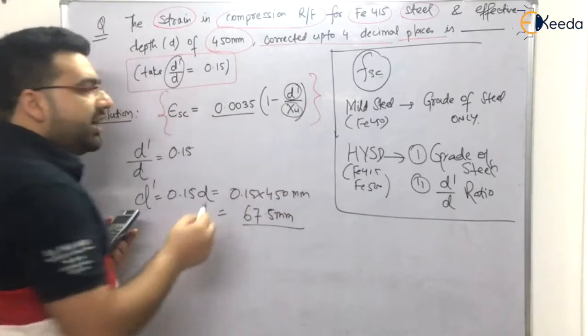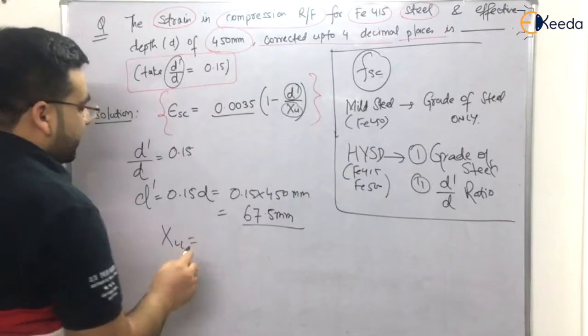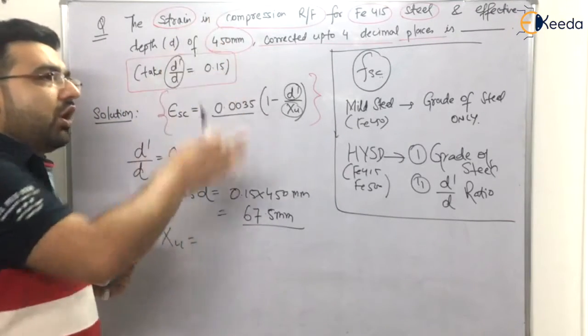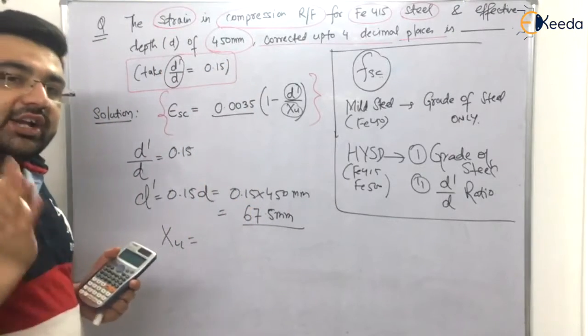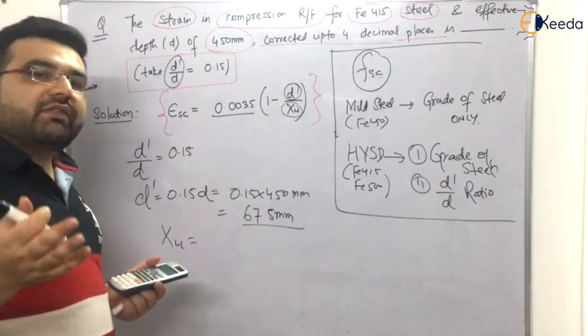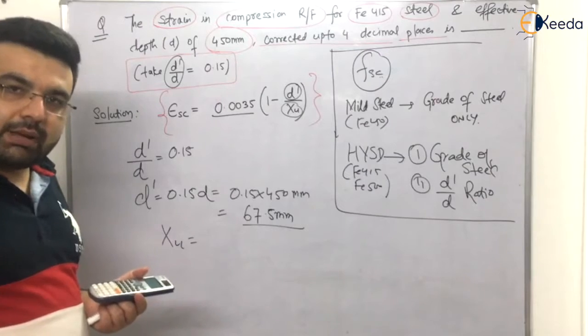Now xu. I told you that the value of xu here is xu maximum, the limiting xu. Why? Because we got this formula when we compared the strain curve, using similarity of triangles, and we get the maximum or limiting neutral axis. Remember, right?